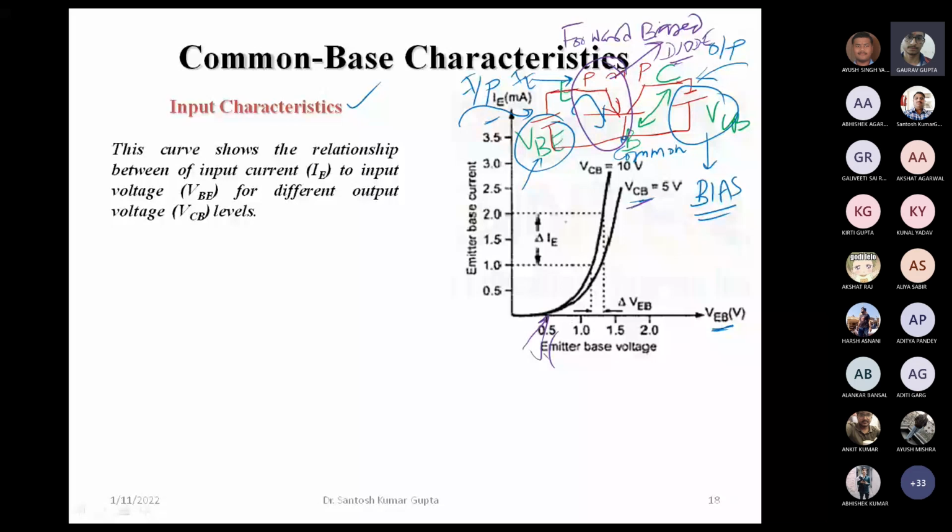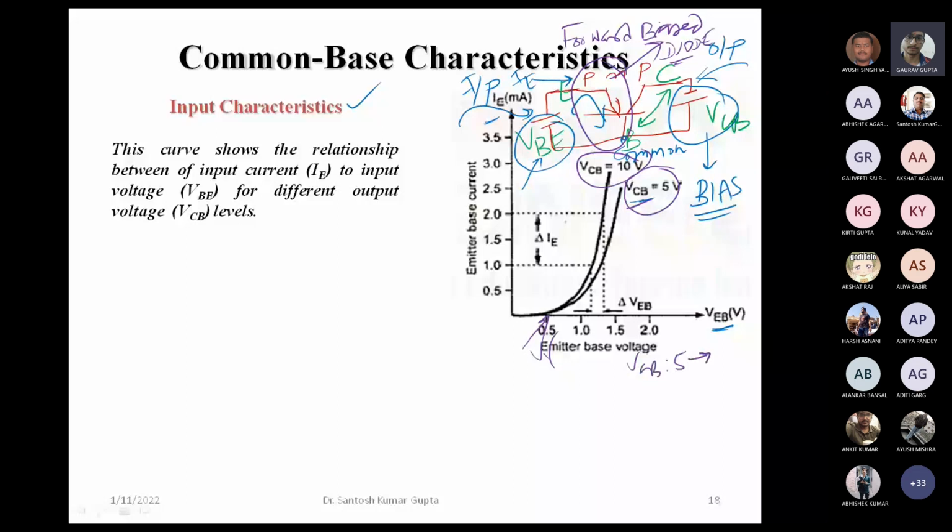Okay, the difference in the characteristic we can see here is that as VCB is increased, in this graph here, VCB has been increased from 5 volt to 10 volts.